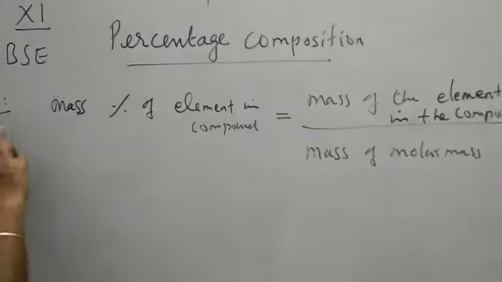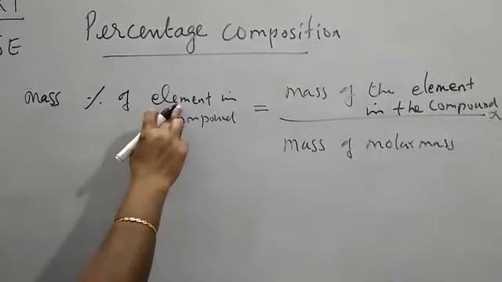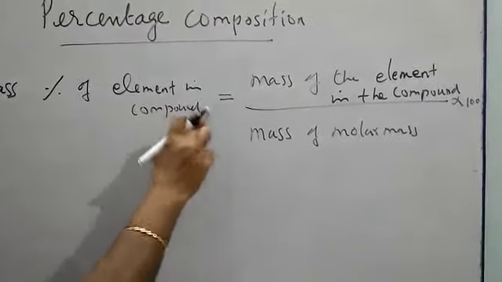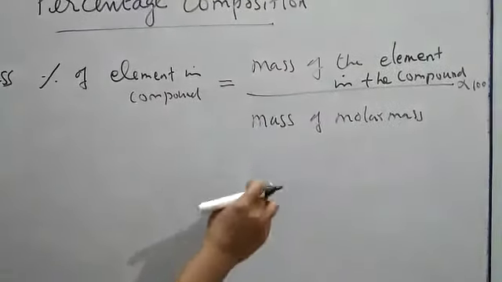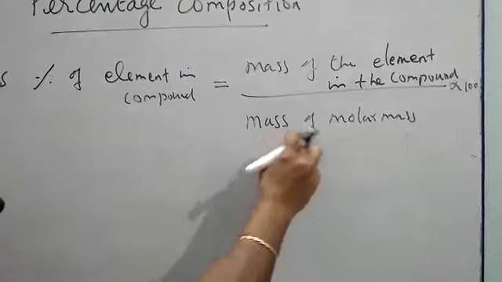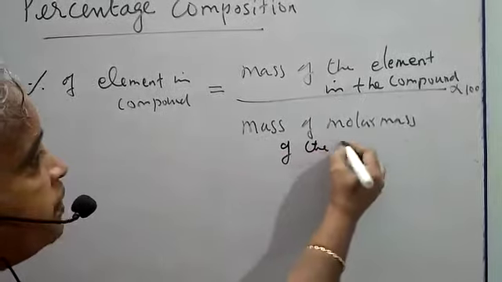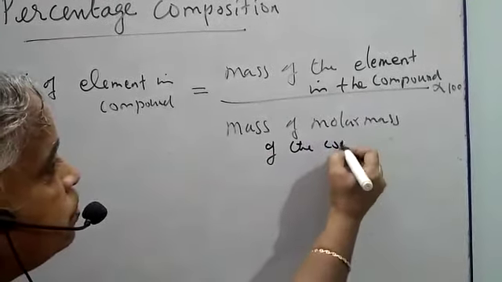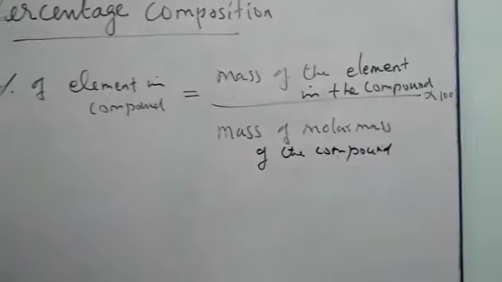The standard formula is: mass percentage of the particular element in the compound is equal to the mass of the element in the compound divided by the total molar mass of the compound, into 100. That is your percentage composition into 100.